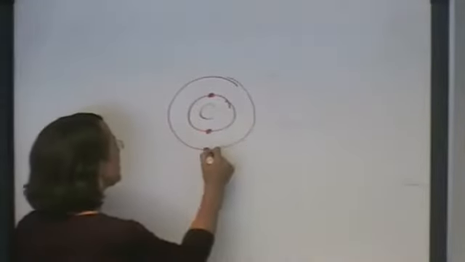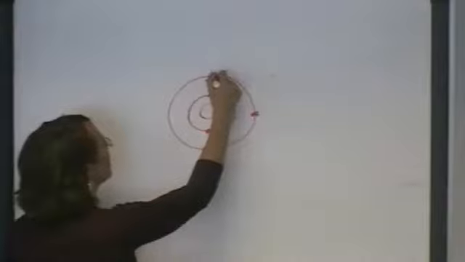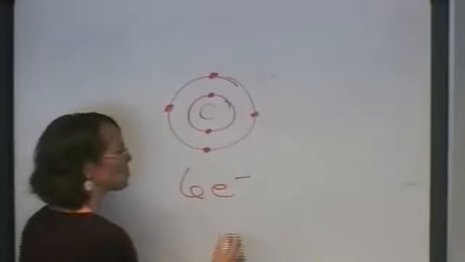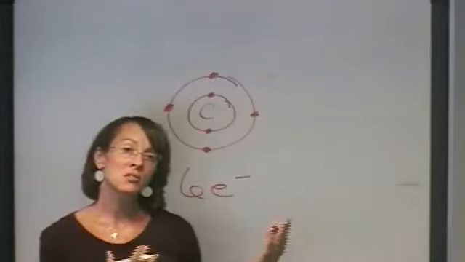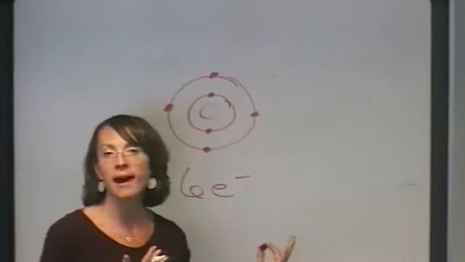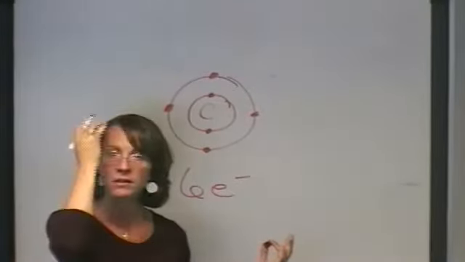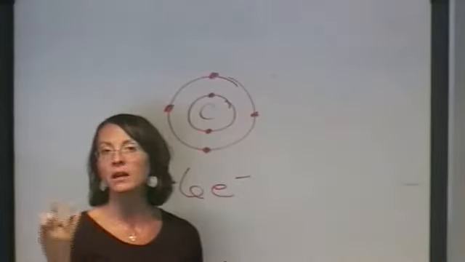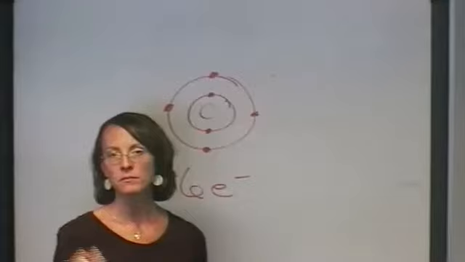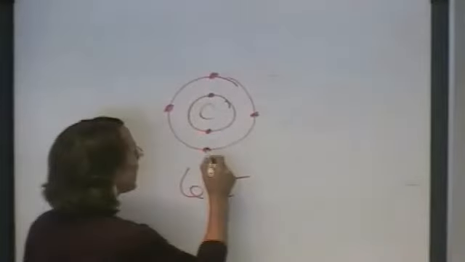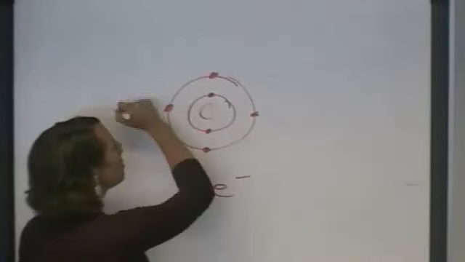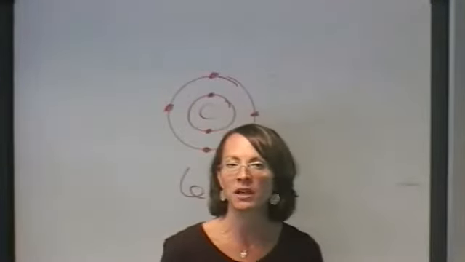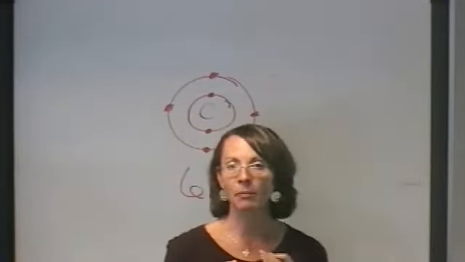And then it will start to fill the outer shell with 4. So now you have 6 electrons. This fellow's lonely. He wants to have at least 8 electrons in his outer shell. So he'll be looking for how many? 4. So a lot of times carbon will bond at the 4 corners with another atom, or 4 other atoms, I should say, to make it stable.